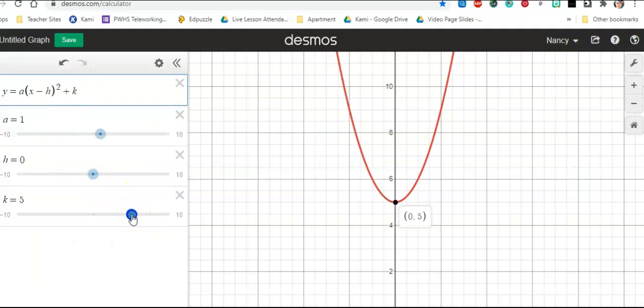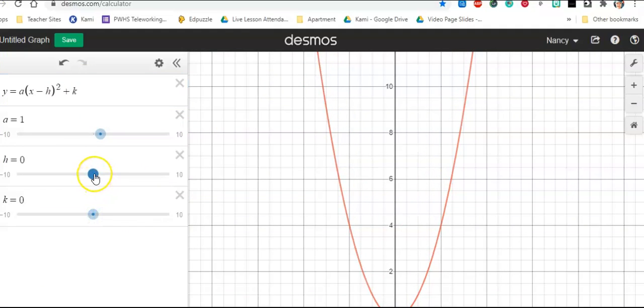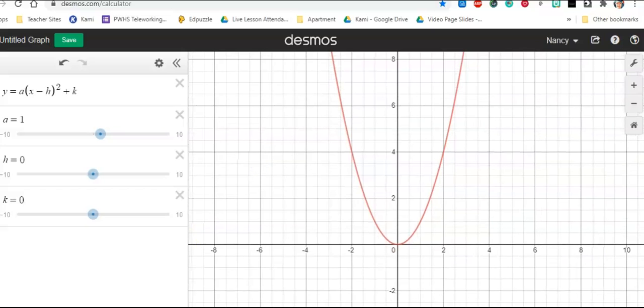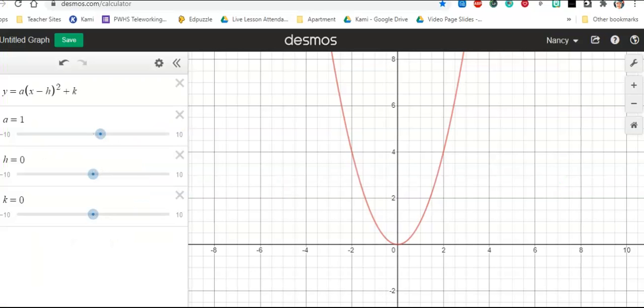Let's put this back to 0. All right, and the H value was, oops, that's out of my screen, but let me move that up a little. There we go. Okay, so this one was +5. So that's minus -5. So that means H was -5. Okay.